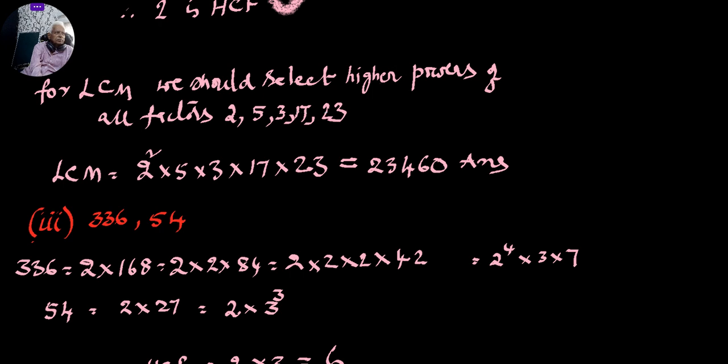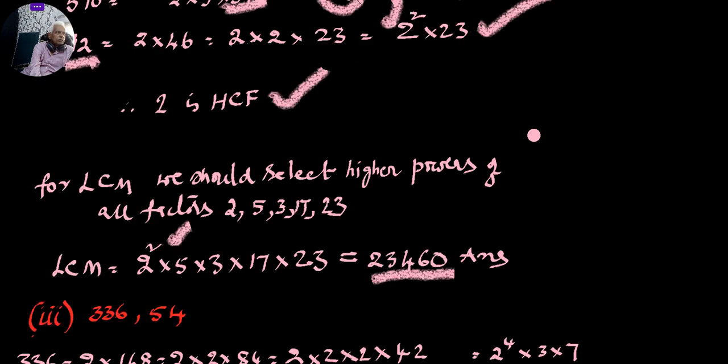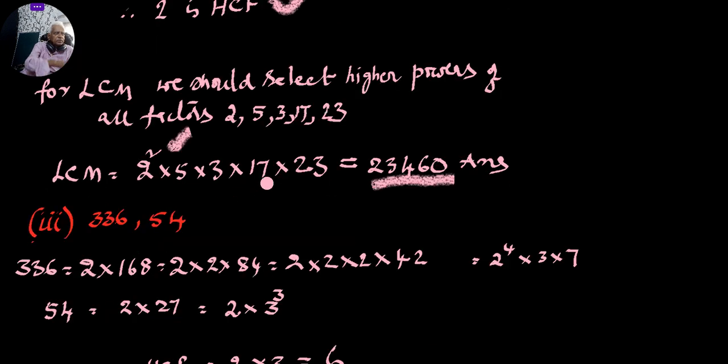For LCM, we should select higher powers. We have selected higher powers and we got a big number, 23,460. When you see HCF, except that, you should take the product of every other number to get LCM.